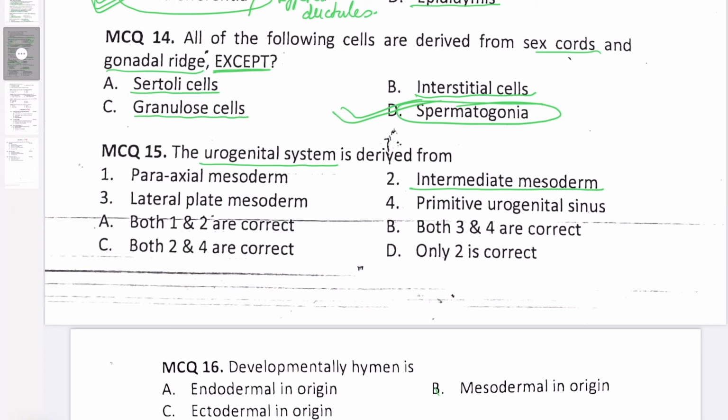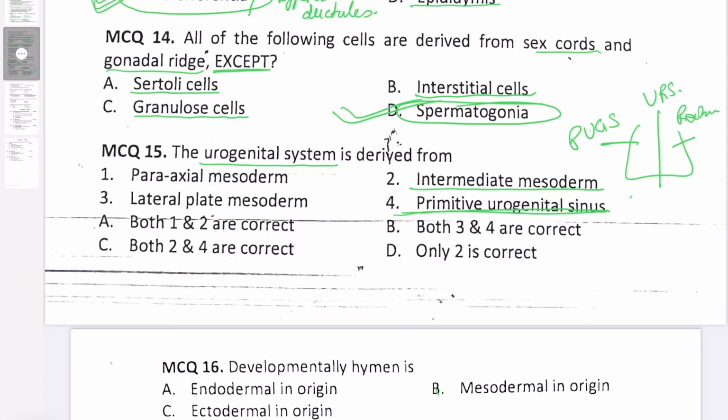Okay, then talking about the primitive urogenital sinus. This is a part of the cloaca, the anterior portion. The cloaca was being divided by the urorectal septum into this primitive urogenital sinus, and the primitive rectum.